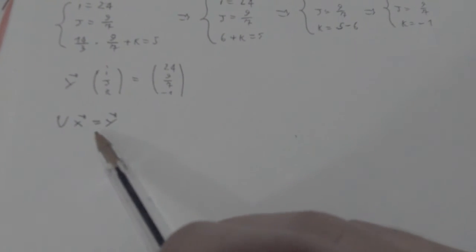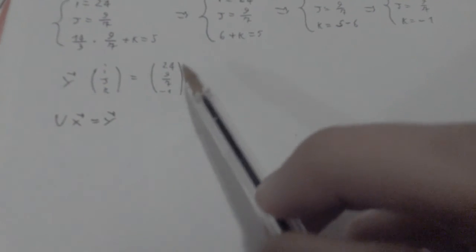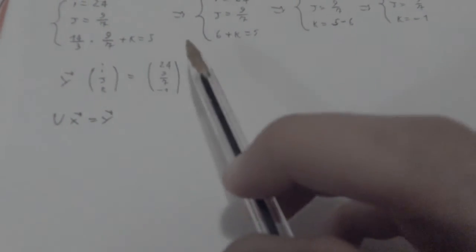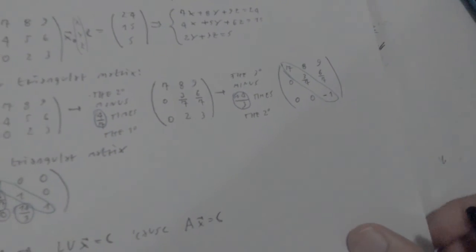We're gonna put those equal to the numbers we have just found, i, j, and k. So let's just do that. Our upper triangular matrix was this one here. So let's write it.